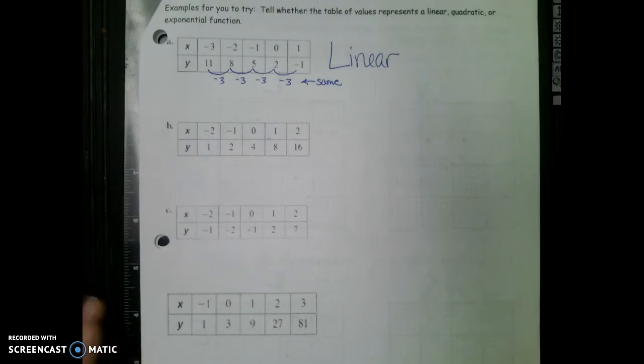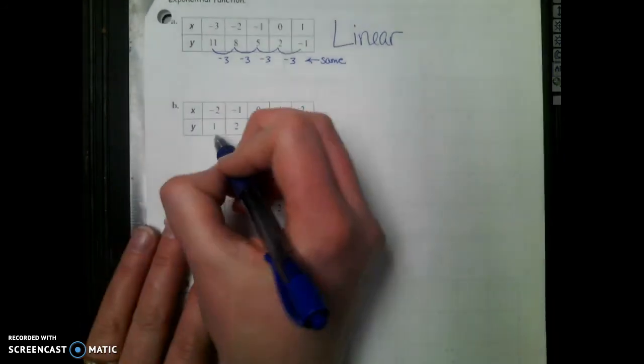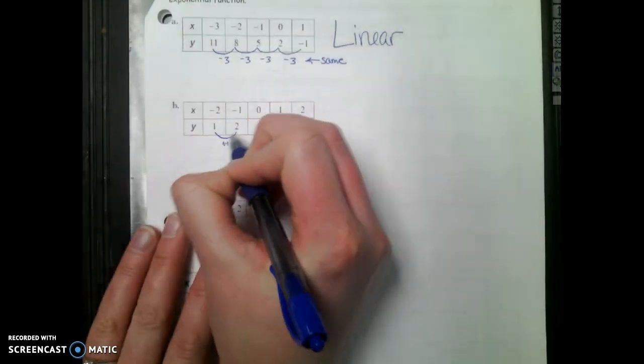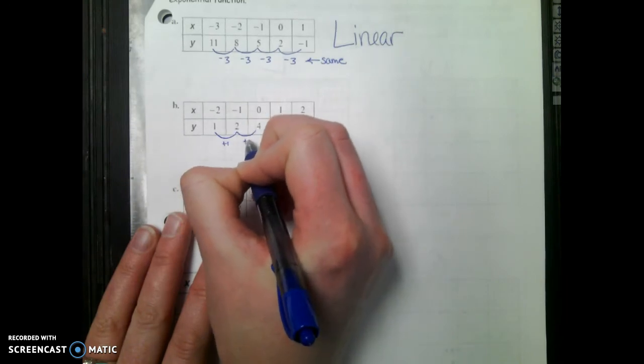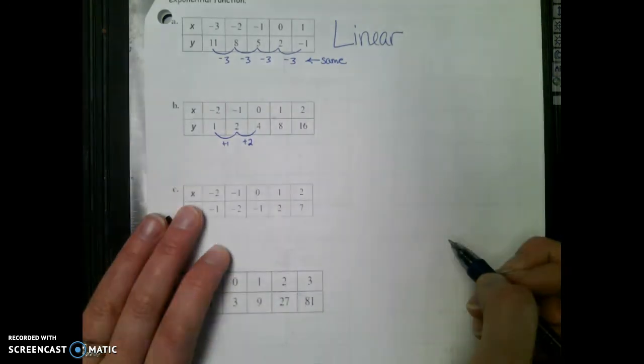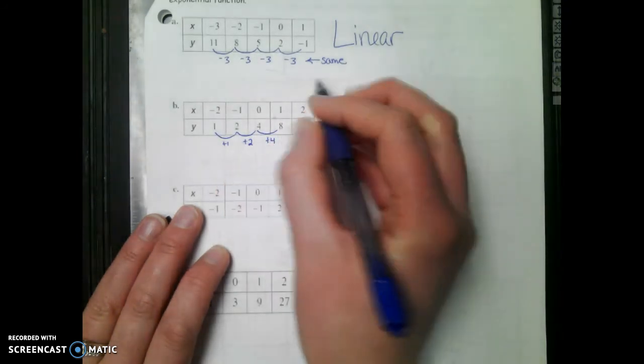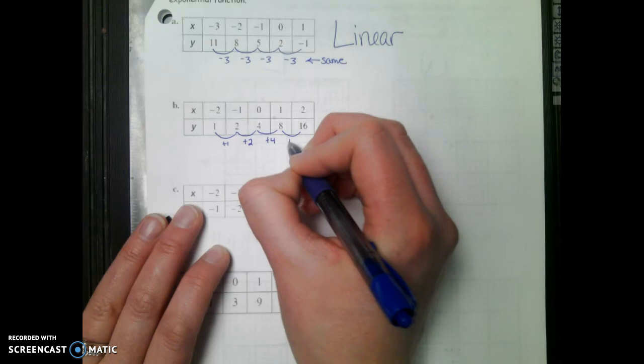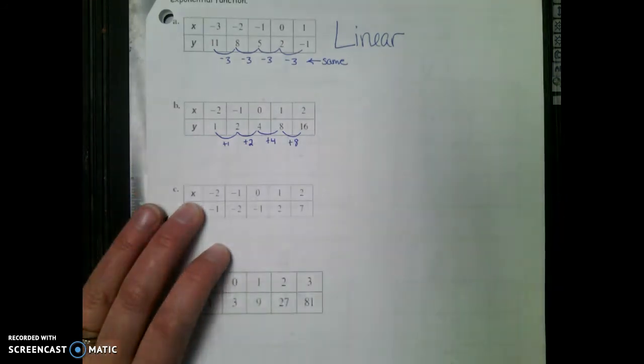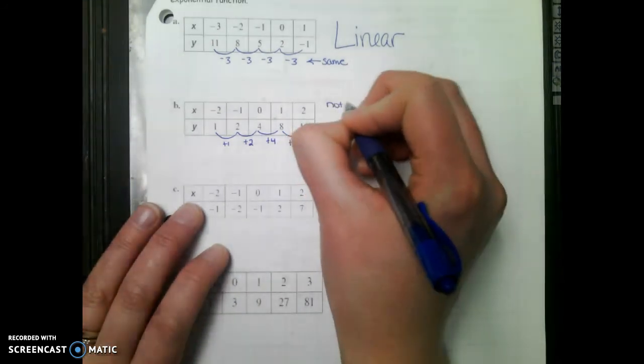Okay, B. I'm adding 1, adding 2. I immediately know it's not linear. Adding 4, adding 8. So I know that this is not linear.